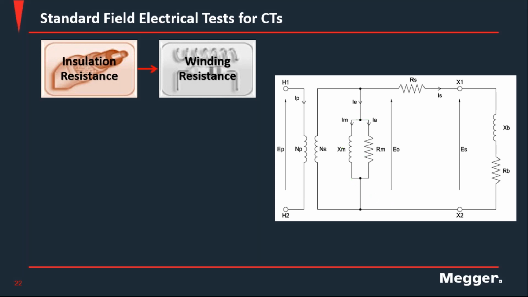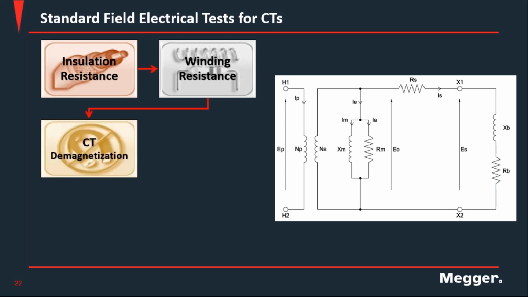The core is being magnetized, and if that core remains in that condition, it will affect the performance of the transformer for the other tests, or for the actual operation of the CT. When you energize, it will probably create inrush current that will cause a trip. So you need to demagnetize the instrument transformer after you run a winding resistance.